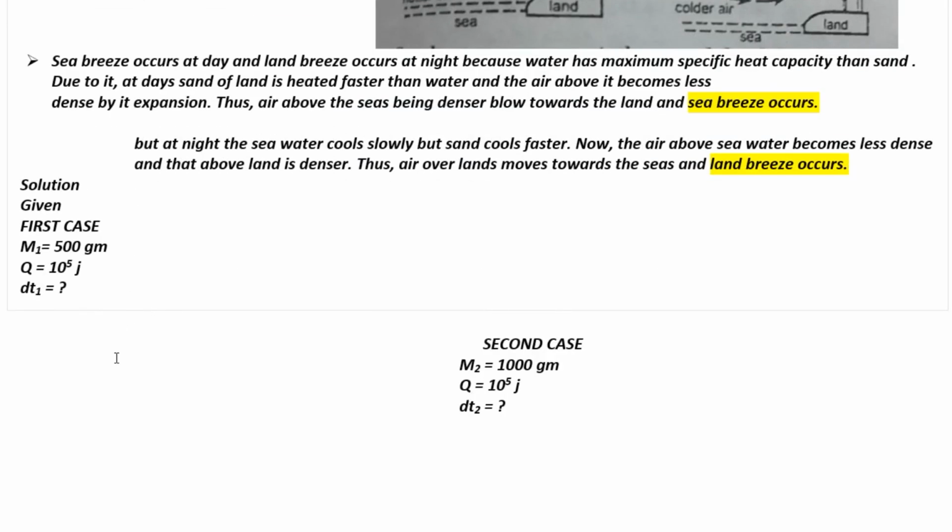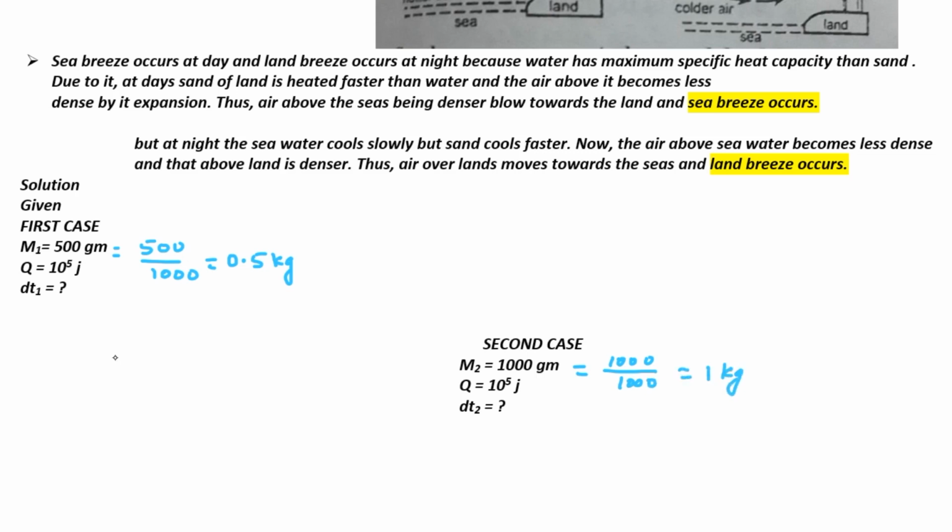So first of all, change this into kg. 500 gram divided by 1000 becomes 0.5 kg, and 1000 gram divided by 1000 becomes 1 kg.